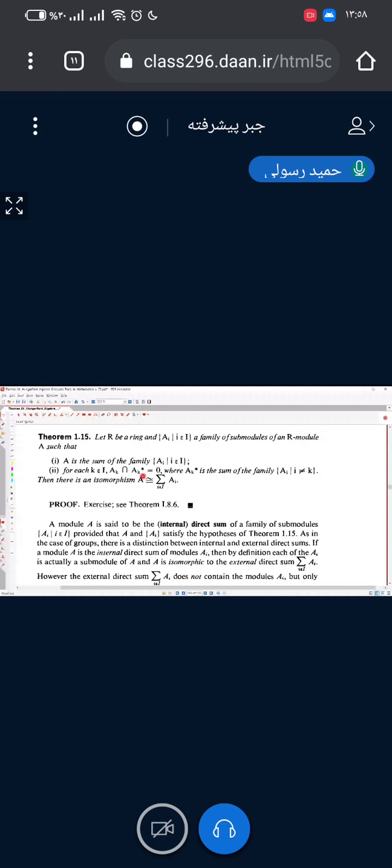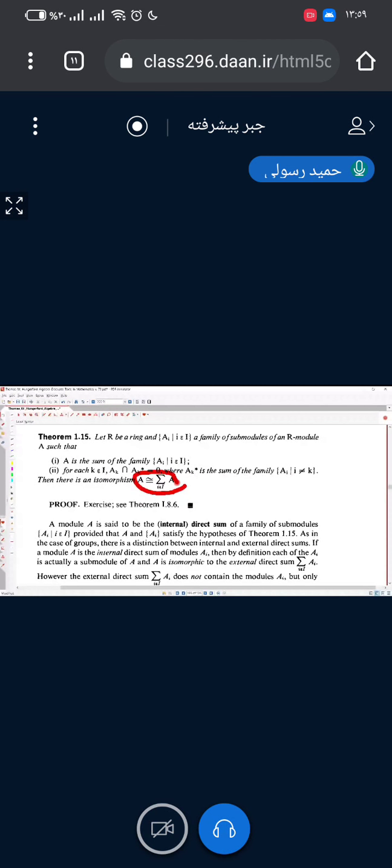Then there is an isomorphism between A and sigma of A_i. This theorem presents an isomorphism between an R-module and the summation of a family of submodules of A.